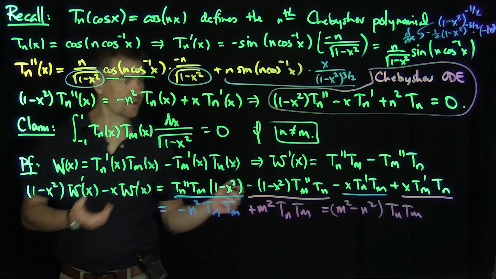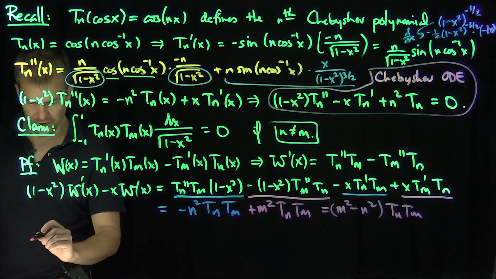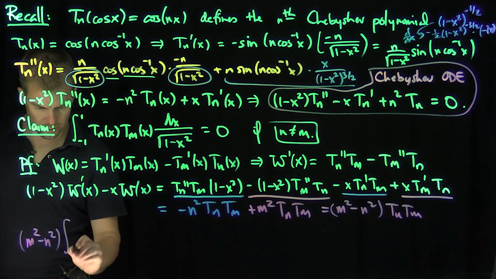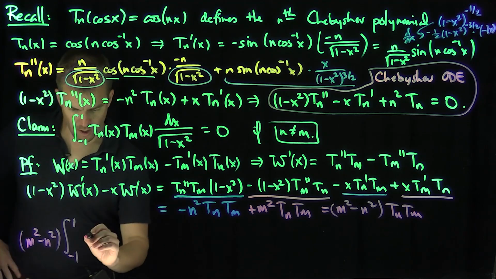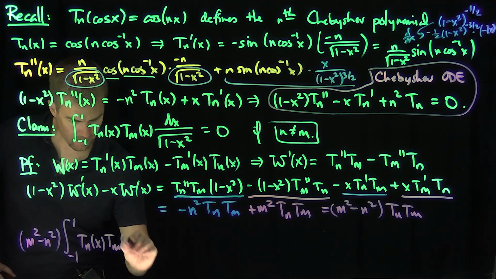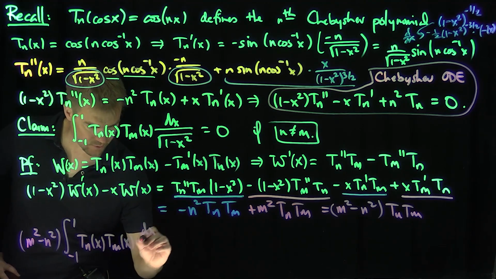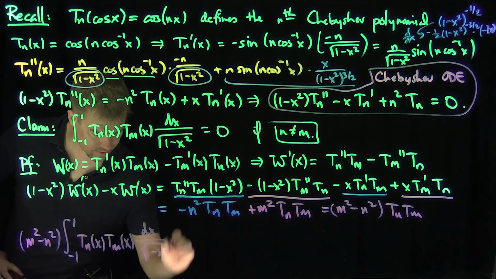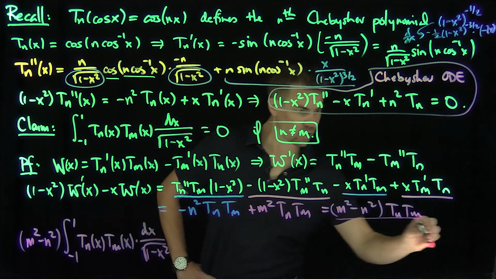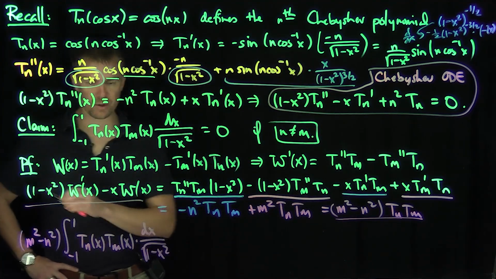And so now the idea is to integrate. If I integrate m squared minus n squared times the integral from -1 to 1 of tn of x times tm of x times dx over the square root of 1 minus x squared, well, what is that equal to? In other words, this expression over here is exactly equal to this expression right there, right?